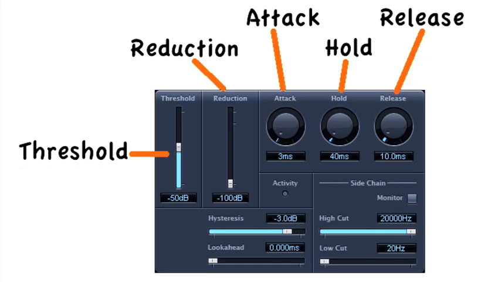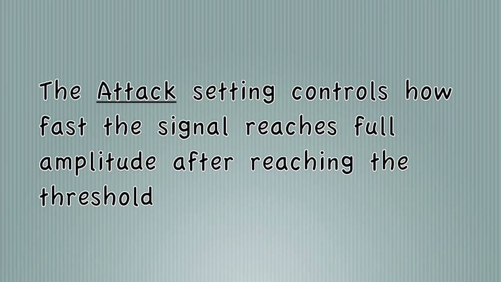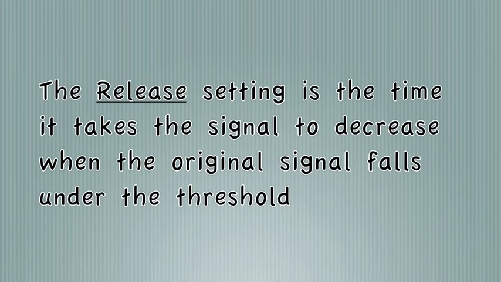Other controls found in a noise gate are the attack and release, and are measured in milliseconds or seconds in more extreme cases. The attack controls how fast the signal reaches full amplitude after reaching the threshold, while the release is the time it takes the signal to decrease when the original signal falls under the threshold.